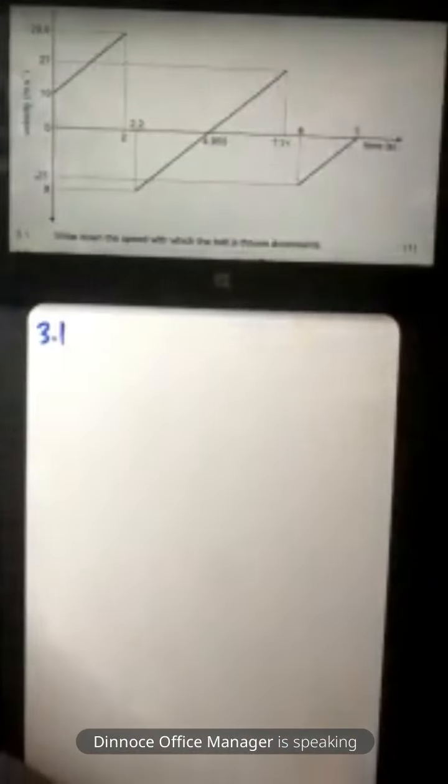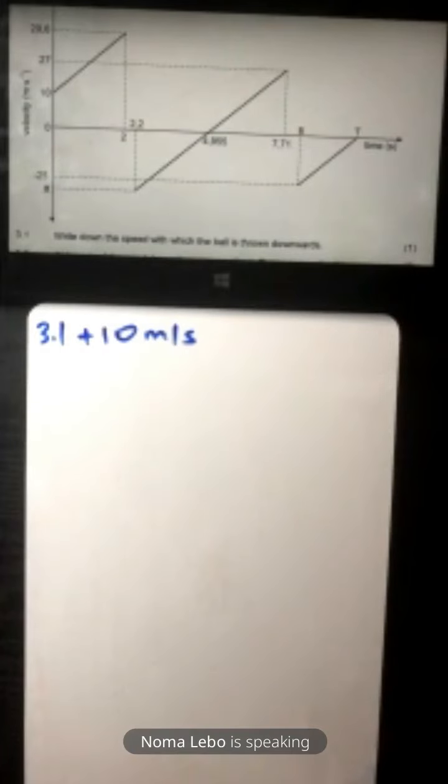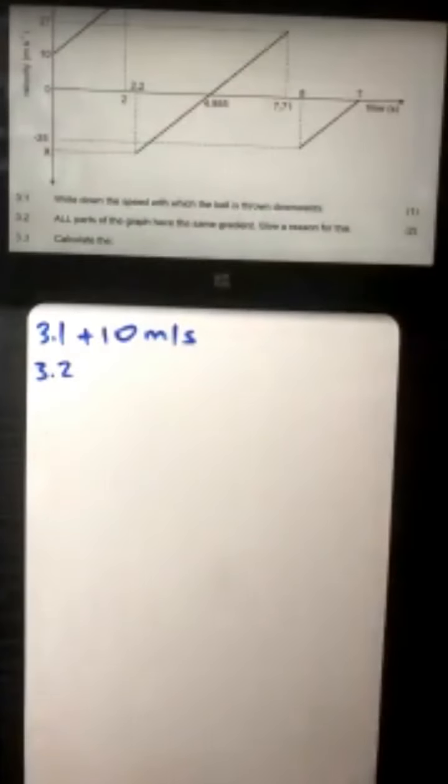Yeah, positive. So guys, are we all saying it is 10 meters per second? Yes, Mr. D? Munir, are you also in agreement that it's 10 meters per second?